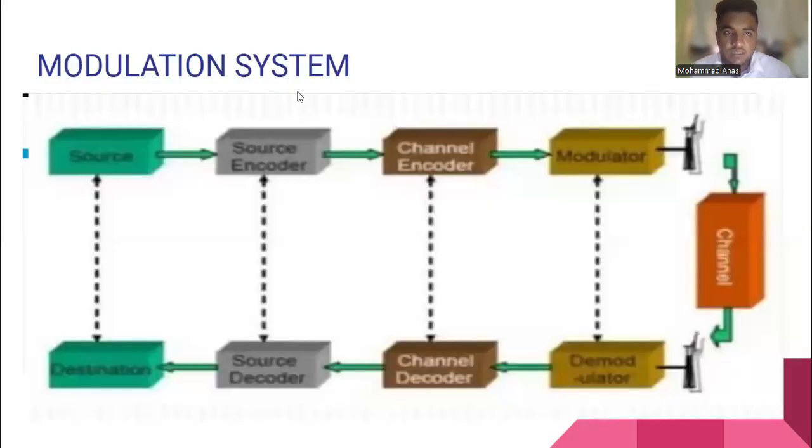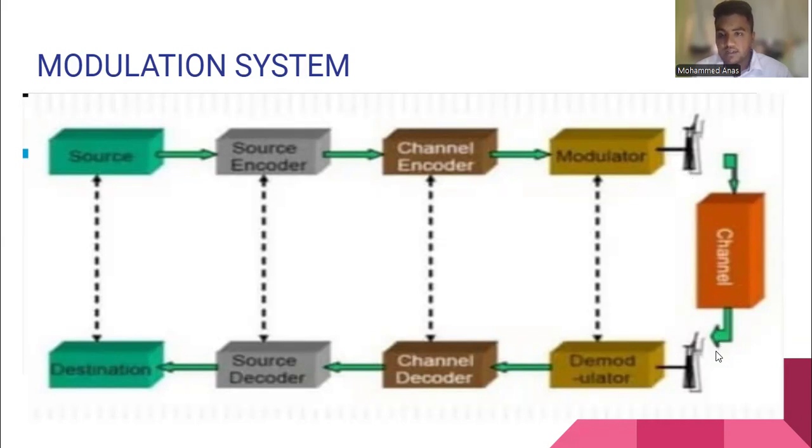Now, the modulation system. Here, it is a modulation flow system, where the source goes to the destination. The source is connected to the source encoder. The source encoder is connected to the channel encoder. The channel encoder is connected to the modulator. It modulates the signal and the channel is connected.